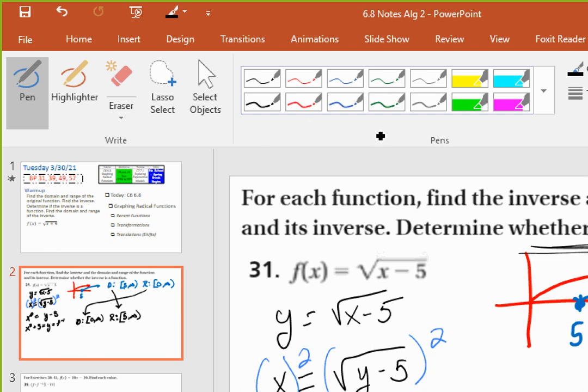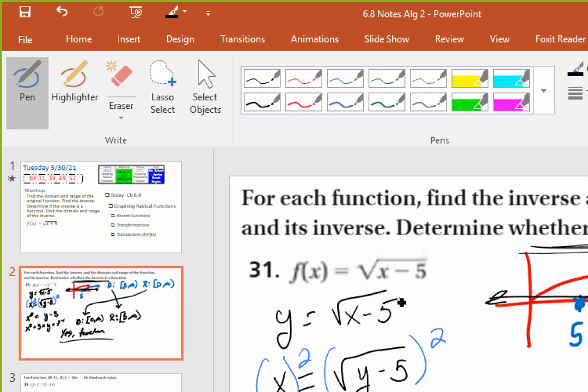Determining whether the inverse is a function is based on our original. If it passes the horizontal line test, which this one would, if I draw a horizontal line on my blue graph it only intersects at one point. So yes, the inverse is a function.